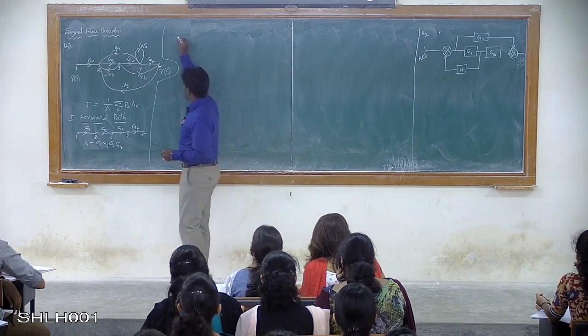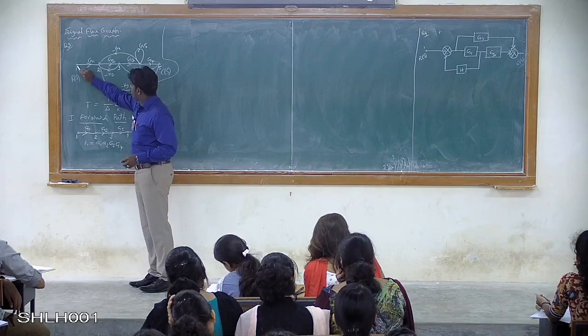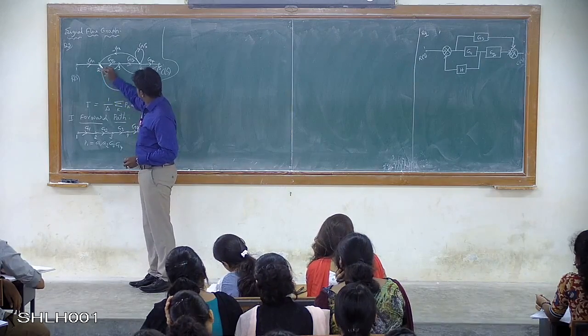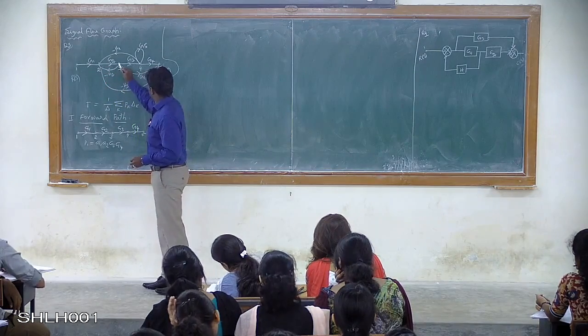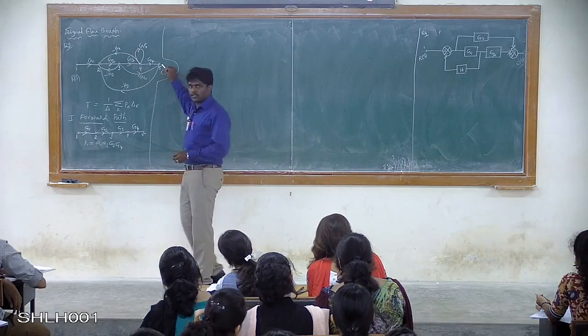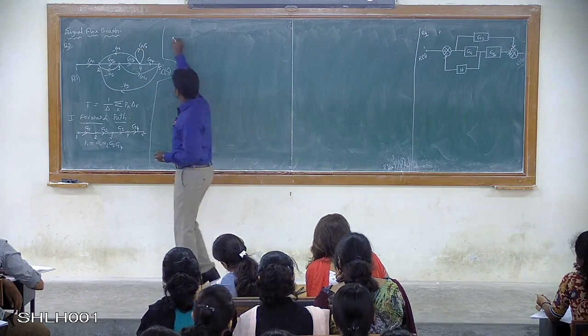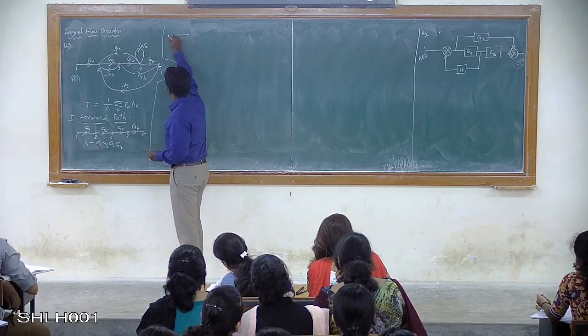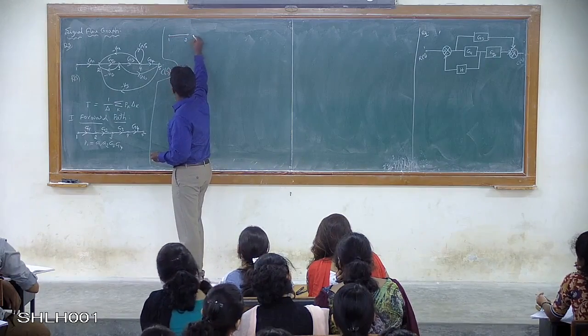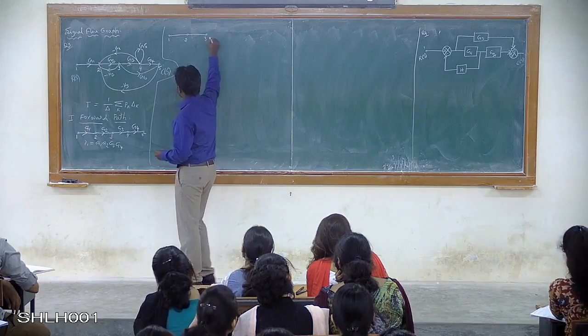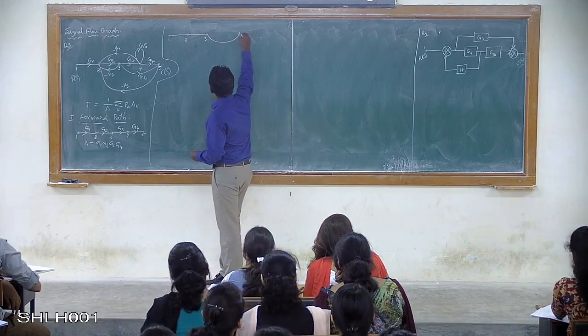Then the second one: we have 1 to 2, then 2 to 3, then 3 to 5 as well. So we can take that as a second forward path. The node numbers are 1, 2, then 2 to 3, then 3 to 5.